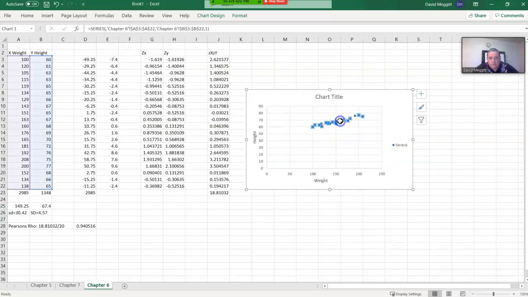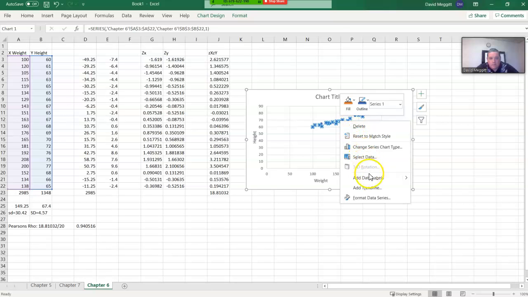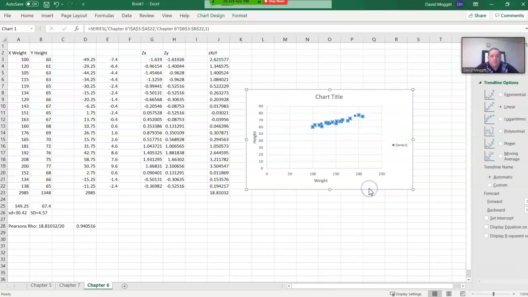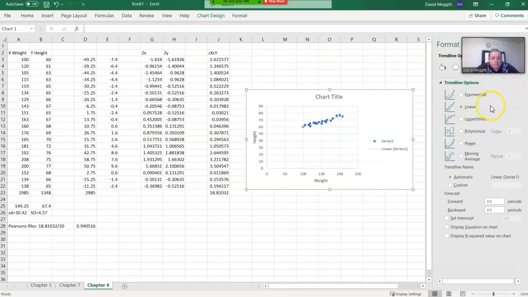So we want a linear line here. And that will give you everything that you need to know.